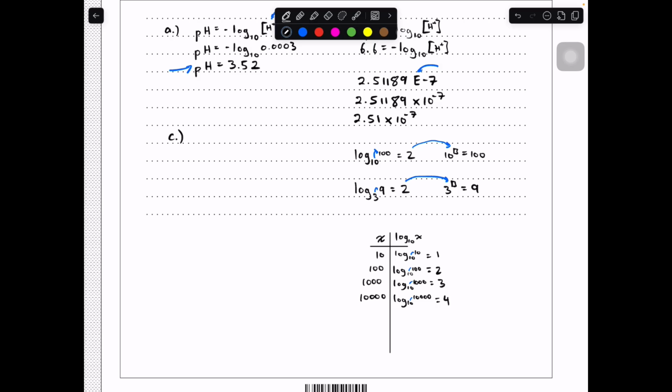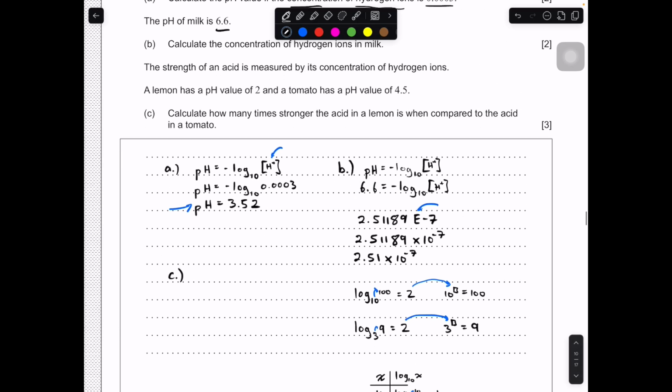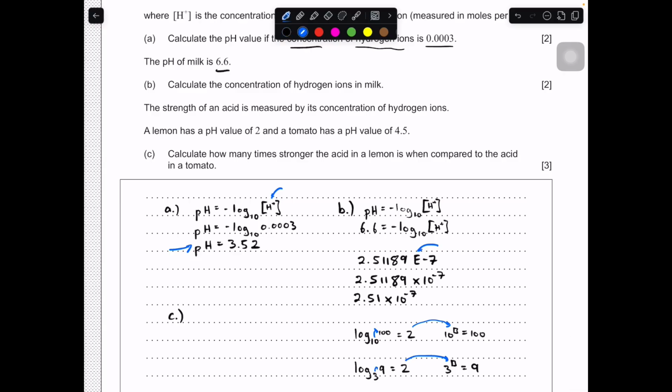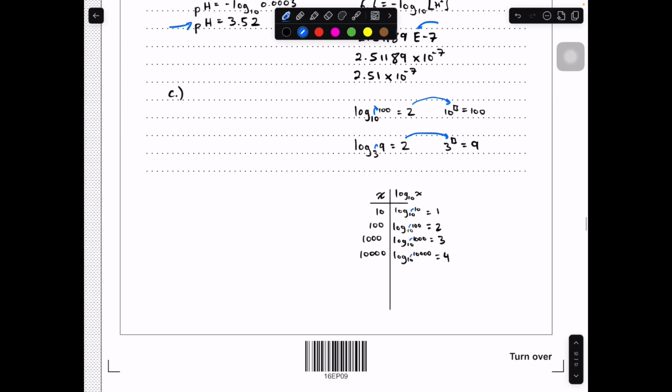And so, just like our pH scale, if we have something that has a pH of 2 and 4.5, or in this case, we can imagine this is like some pseudo pH scale or something like that. Let's say this is the sound level or something like that.